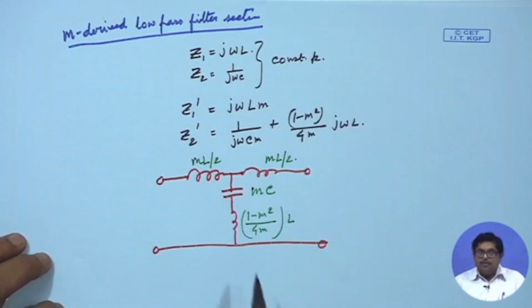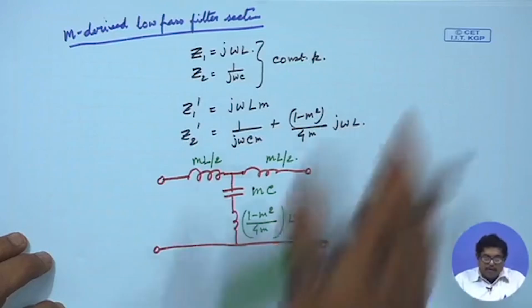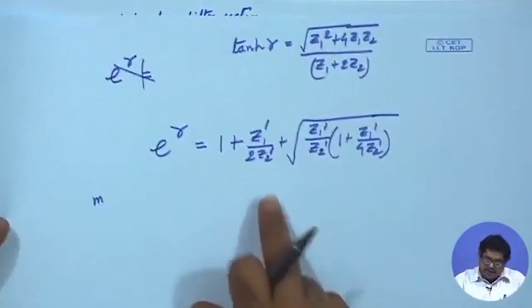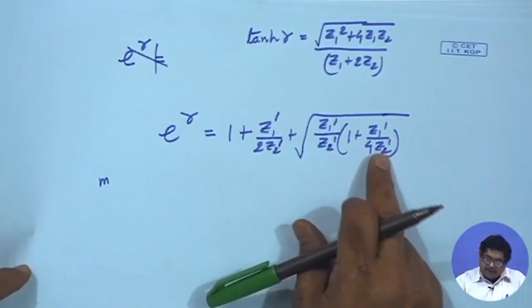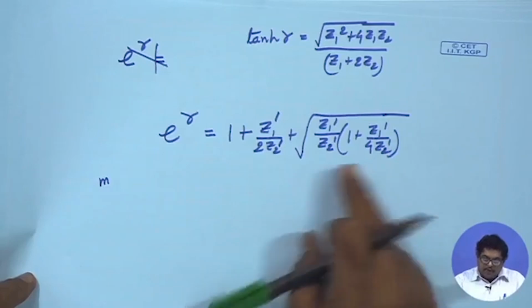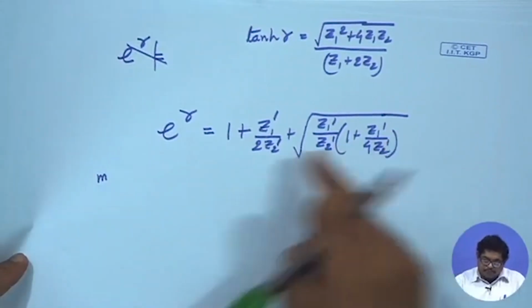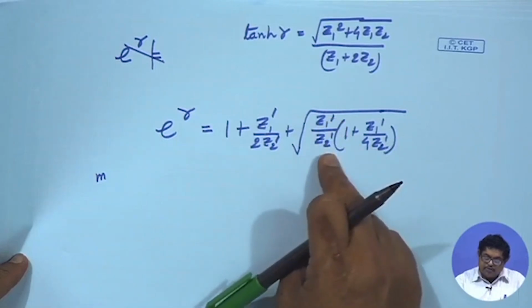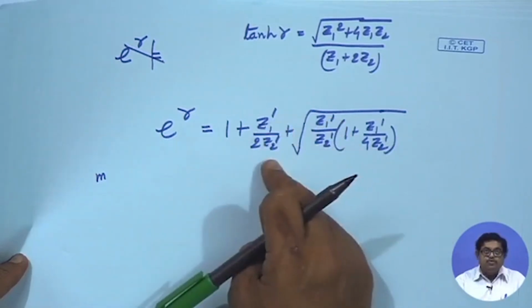So, find out, as I said, what the propagation factor is. Now, if we look at the propagation factor expression, there is an important factor Z1 dash by 4 Z2 dash. If I know that, I can find out a lot, because all these terms you see are Z1 dash by Z2 dash, Z1 dash by 2 Z2 dash.